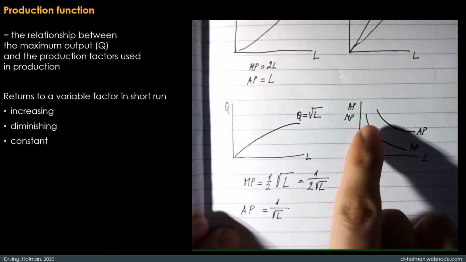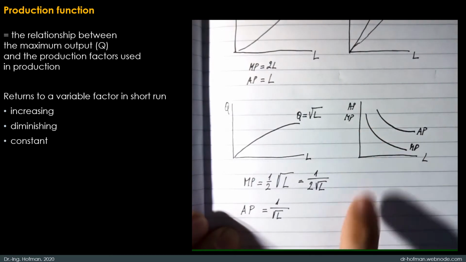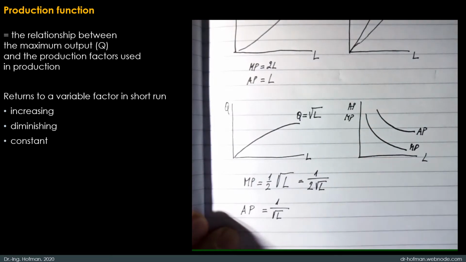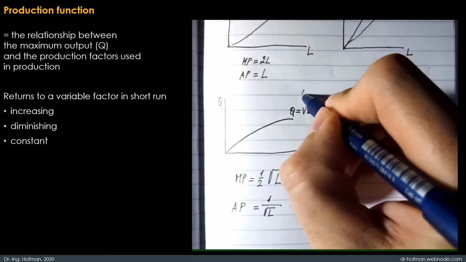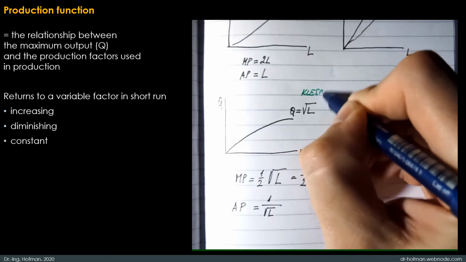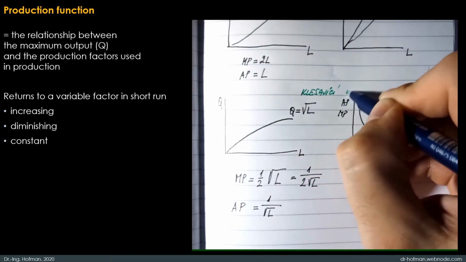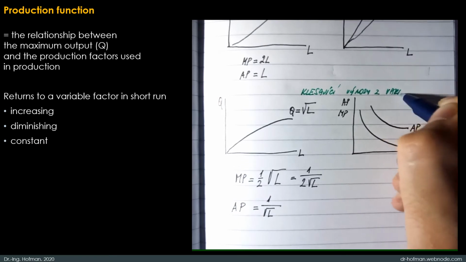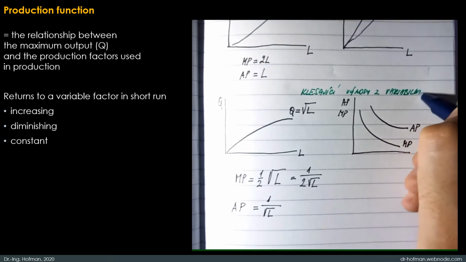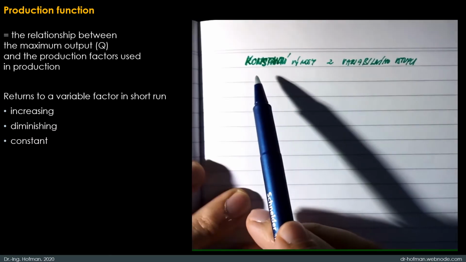So this was the diminishing returns to a variable factor in the short run, the second situation. So remember, these are the diminishing returns to a variable factor in the short run. Let's go to the third situation.